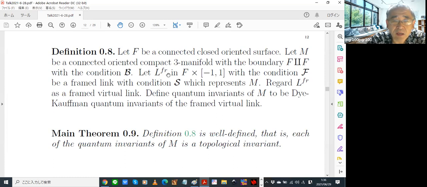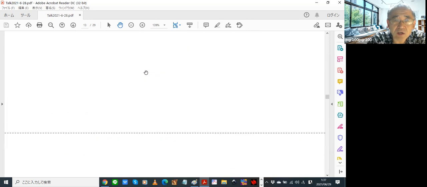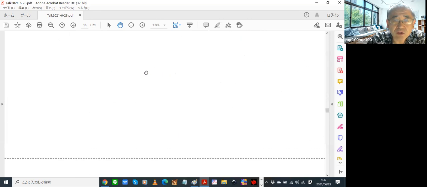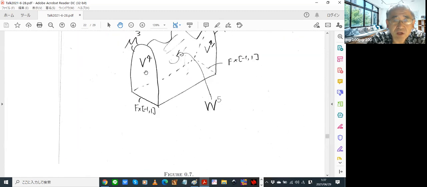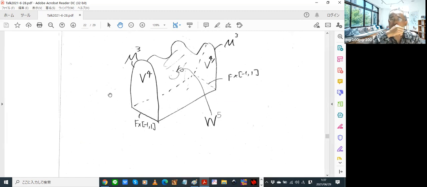Of course, Roberts did it because one reason is if we don't fix the diffeomorphism map of the boundary, we cannot take a unique M. We want M to be unique, so we must fix the diffeomorphism of the boundary.